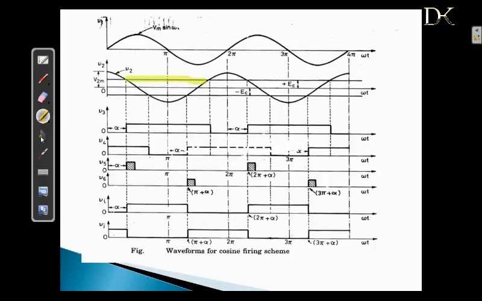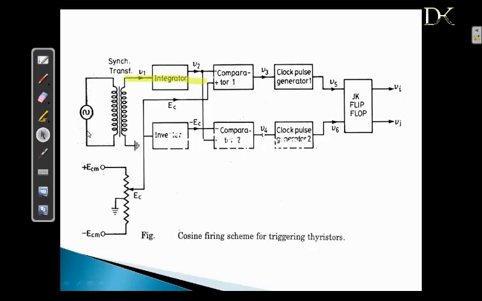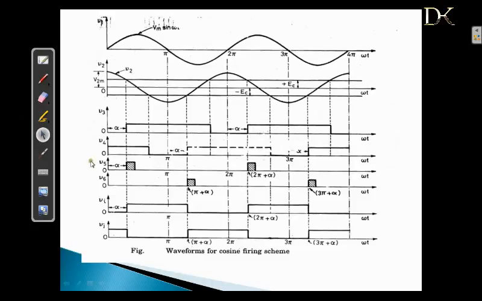Now in the second case, V2 is greater than minus EC. So here your V2 is greater than minus EC, so a pulse is generated. In this way, these pulses V4 and V3 are generated.